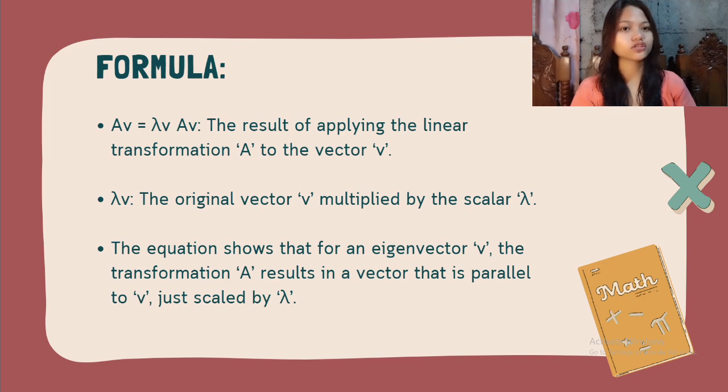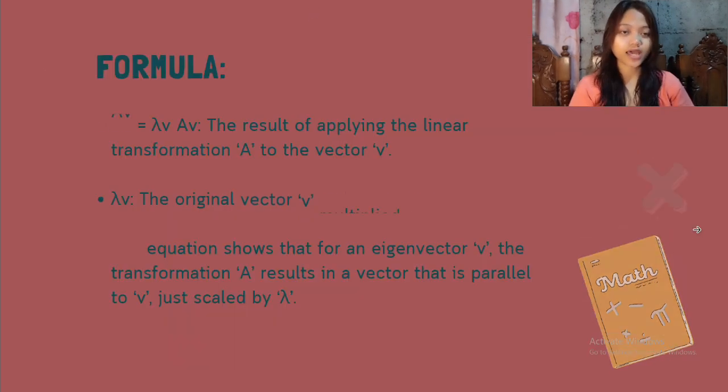Av is the result of applying the linear transformation A to the vector v. Lambda times v is the original vector v multiplied by the scalar lambda. The equation shows that for an eigenvector v, the transformation A results in a vector that is parallel to v, just scaled by lambda.